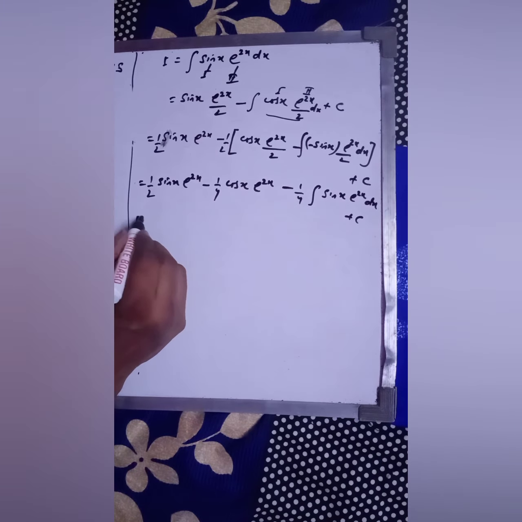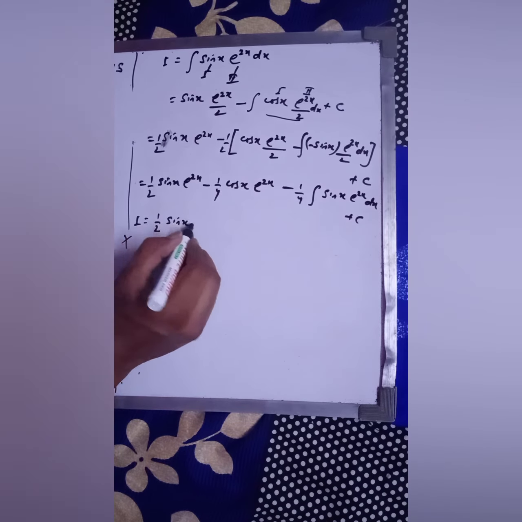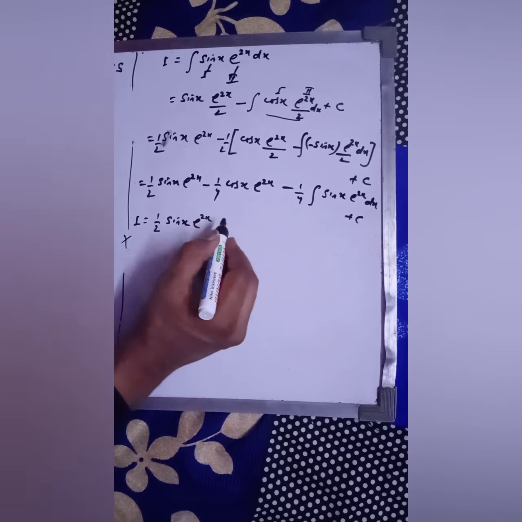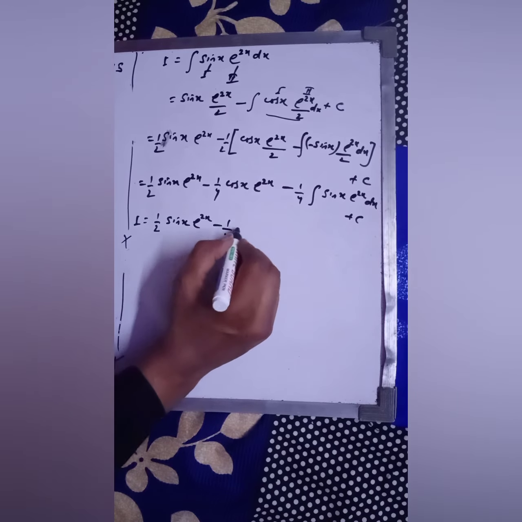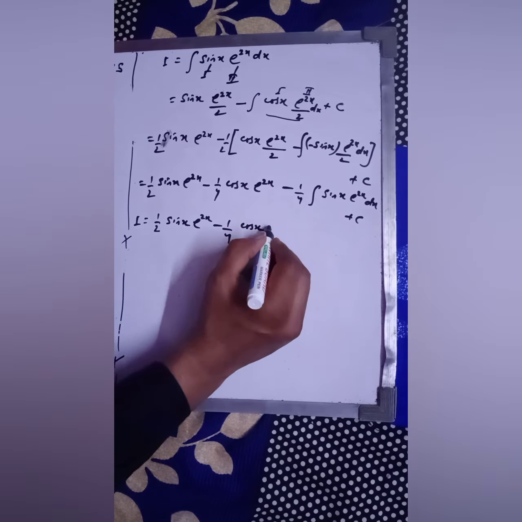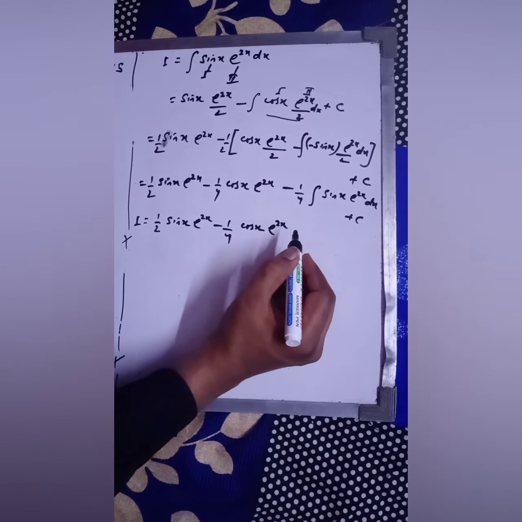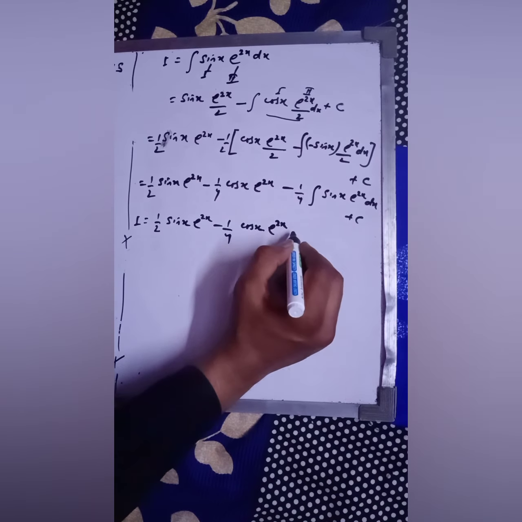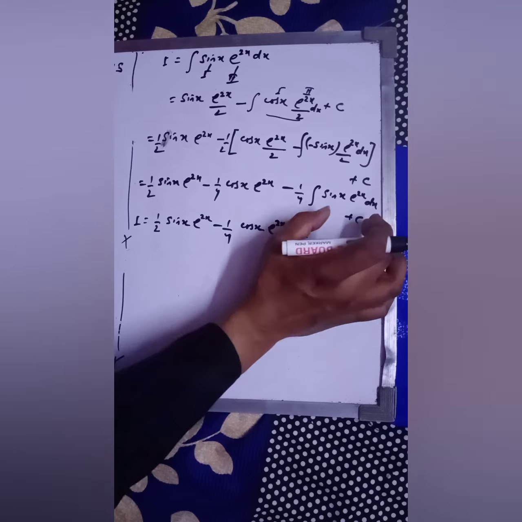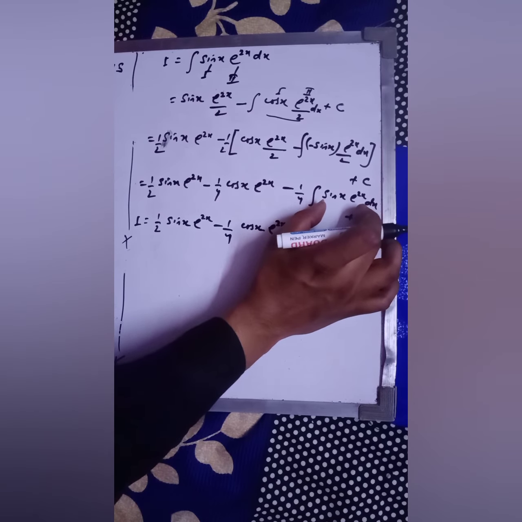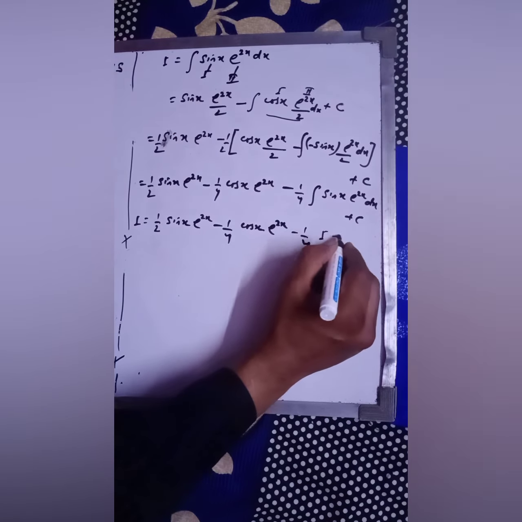So your I is equal to half sin x e raised to power 2x minus 1 by 4 cos x e raised to power 2x minus 1 by 4, and this would be again I1. This is your I1 now, so you have to write I1 plus c.